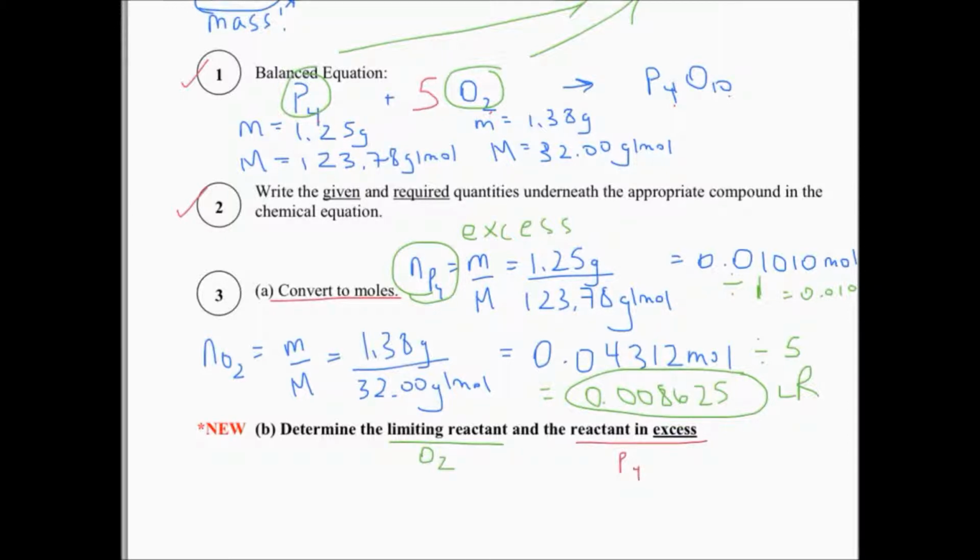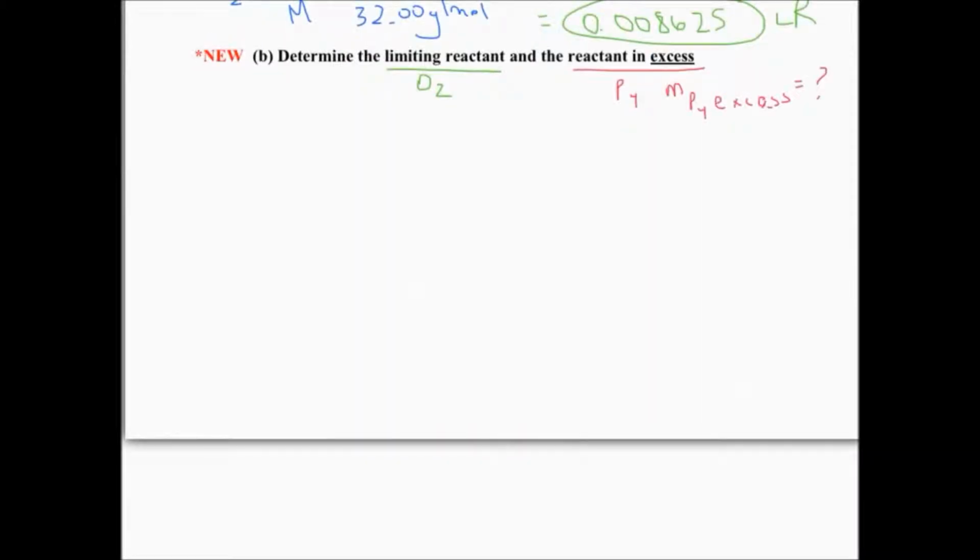Now what we want to do is find out how much P4 is left over, or the mass of P4 in excess. Since we know that O2 is the limiting reactant, we're going to figure out how much of the P4 reacted with the O2.